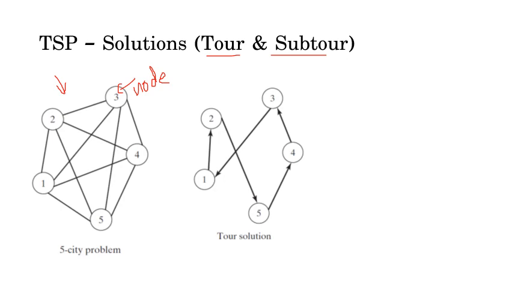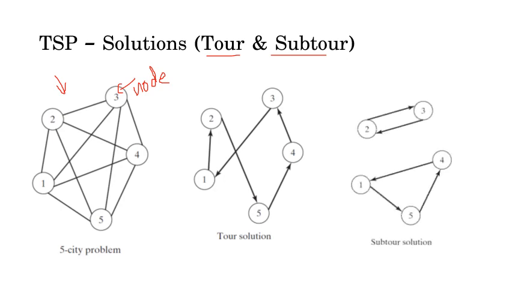So here is an example of a tour solution where the salesman visits every city in the tour. And the same tour consisting of 5 cities can be completed by doing two subtours. So the salesman starts from city 2, goes to city 3, comes back to city 2. Then the salesman comes to city 1, starts the tour, goes to 5, from 5 goes to 4, from 4 to 1.